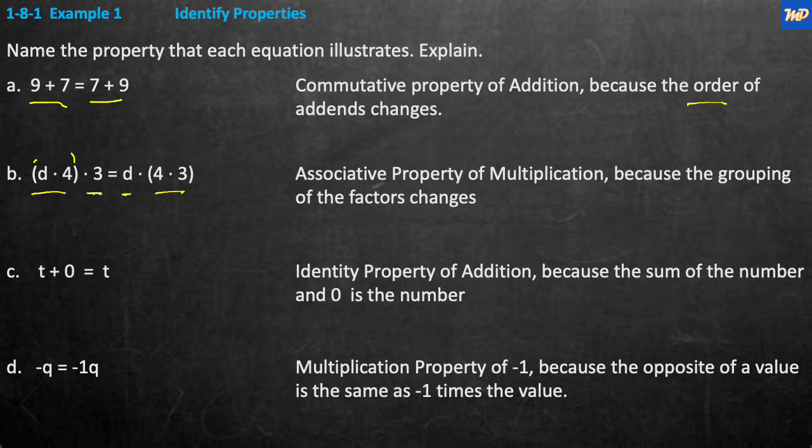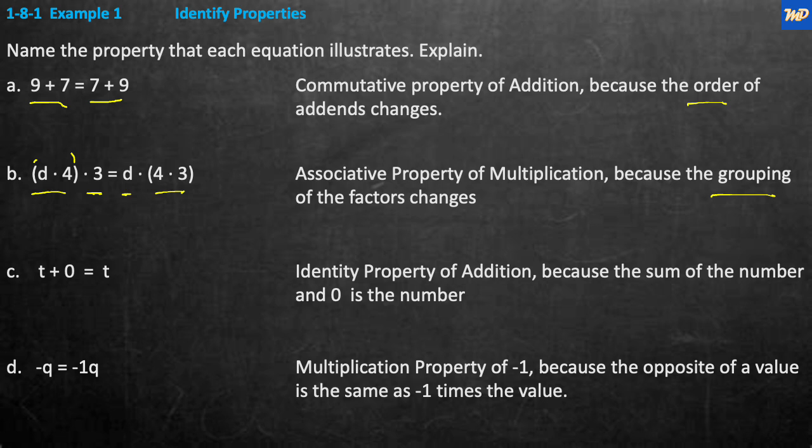And on the other side of the equal sign, we have d times the quantity 4 times 3. So how are they grouped together? It's a grouping thing. So we call that the associative property. It's the associations. How are they associated? So the associative property of what? Multiplication. We're doing multiplication. Associative property of multiplication because the grouping, the association, how they're grouped, of the factors changes.